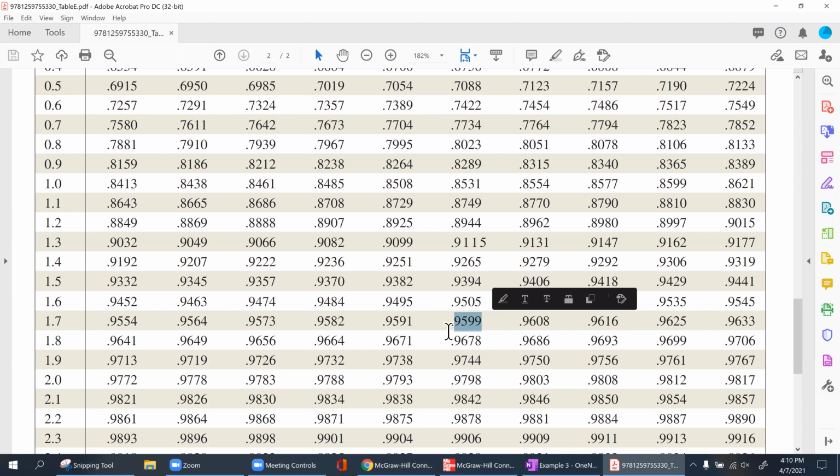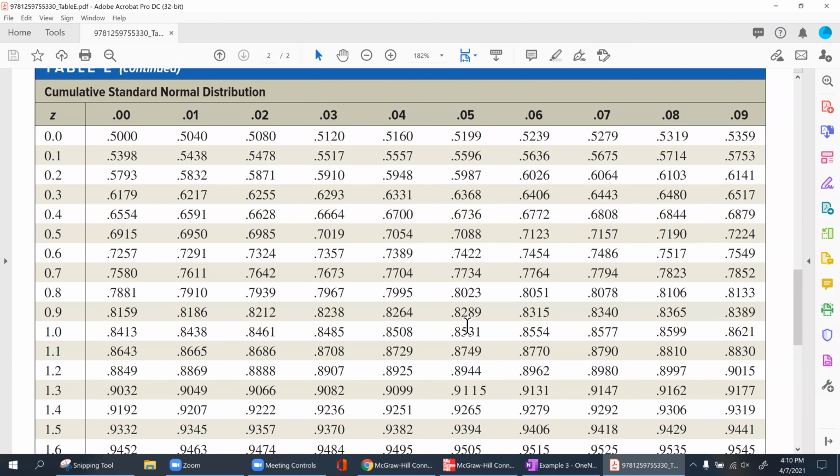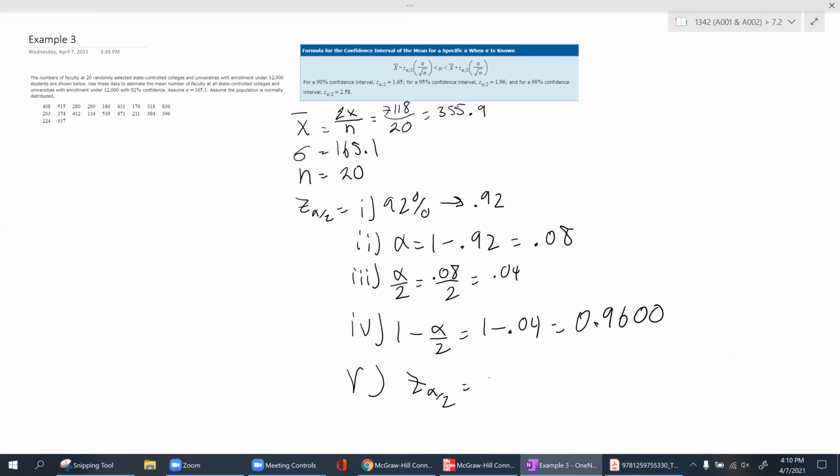That's why I got it confused. So this one here is closer than that one. So my Z value would be 1.75. At this point, I have everything that I need.